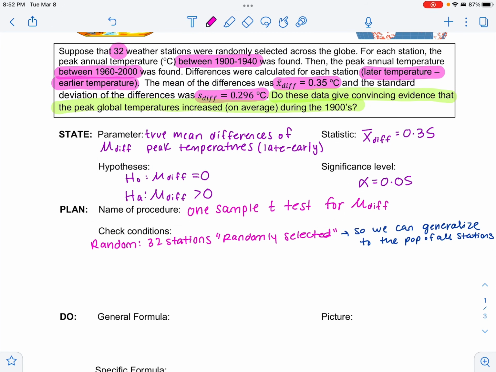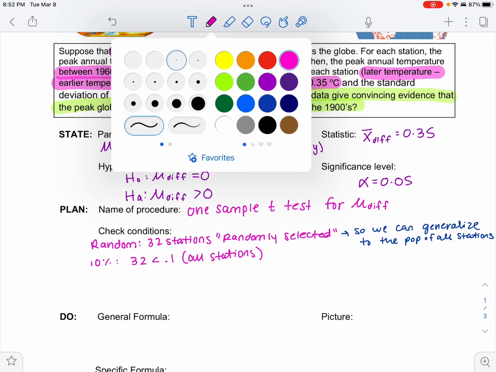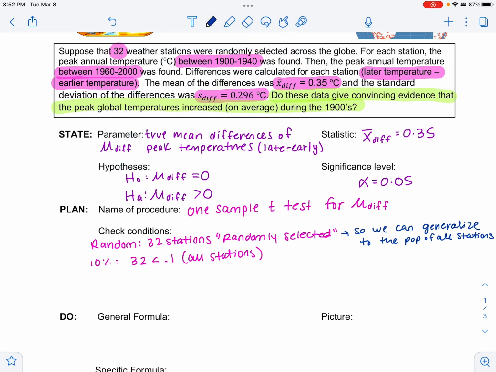All right, the next one is the 10% rule. So is 32 less than 10% of all stations? And yes, it is. And remember, why do we test this 10% rule?